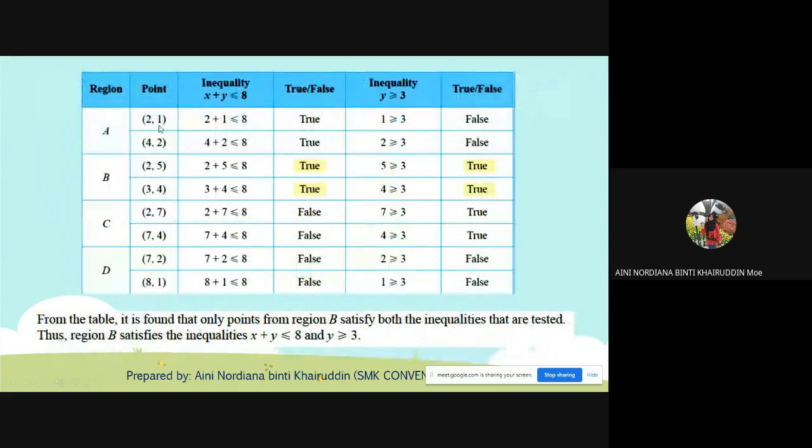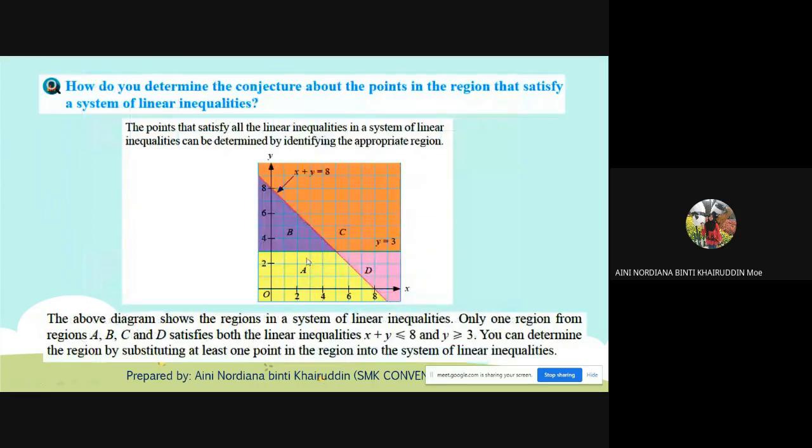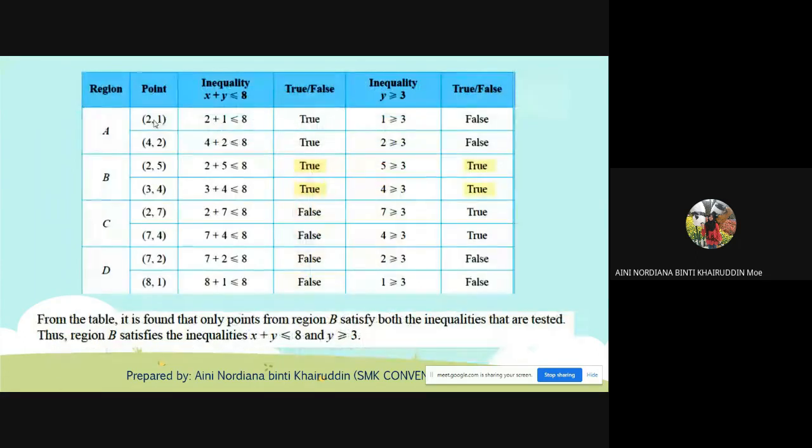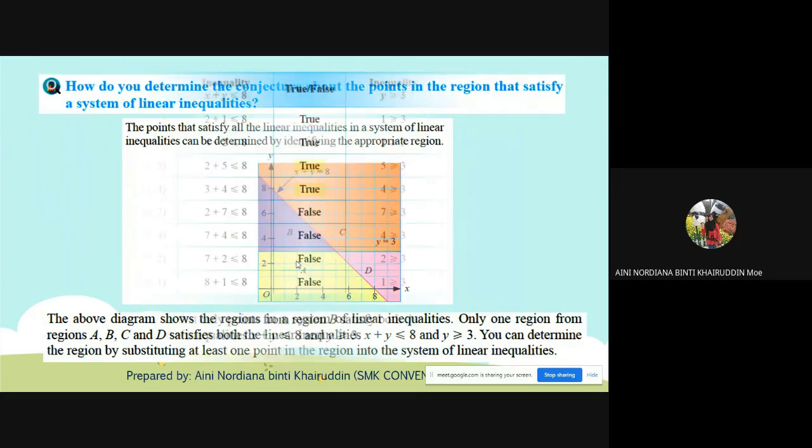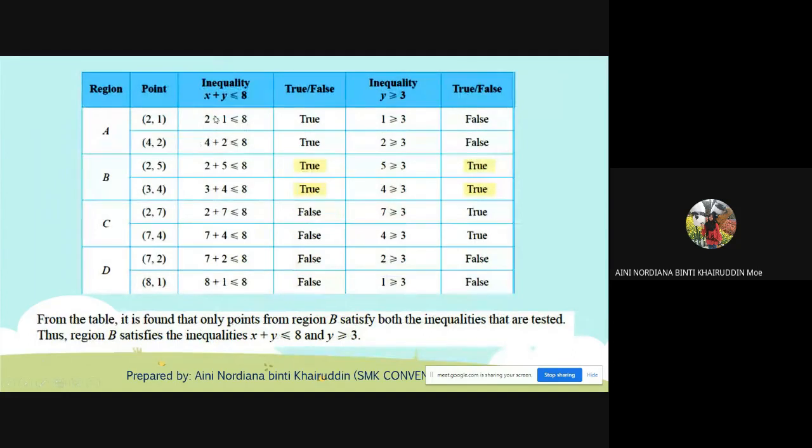For region A, you choose any point, for example 2, 1. This point is in region A. Then you substitute the values of x and y into the inequality.